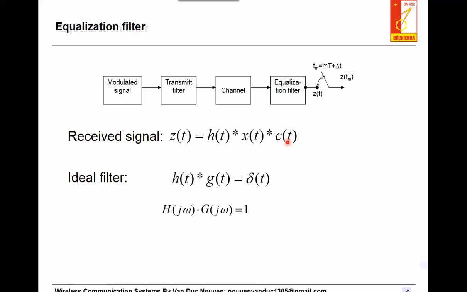For the linear filter, we expect that the channel should be equalized by the equalization filter.